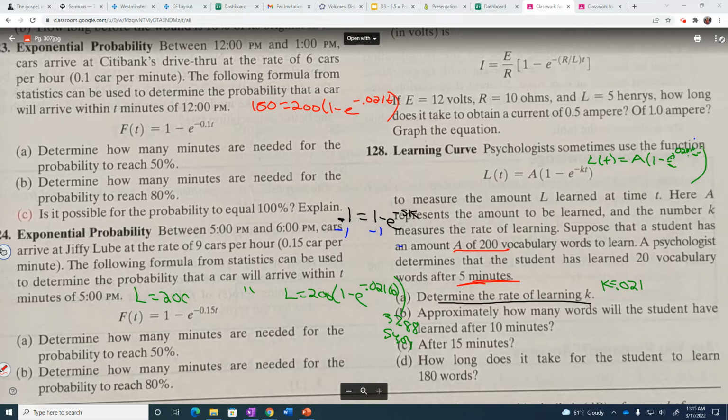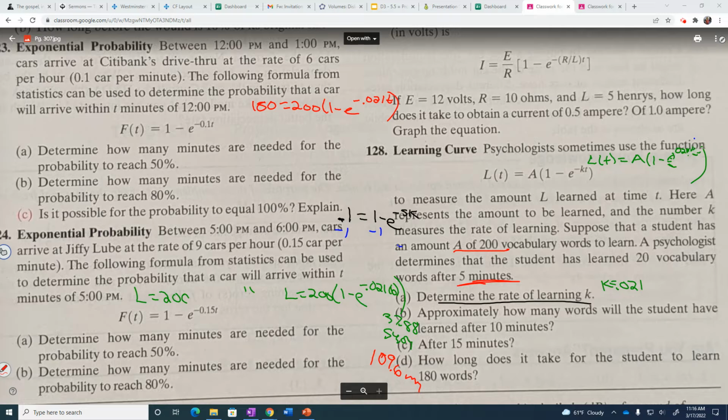We divide by negative 1. And then we natural log it. And then we divide by negative 0.021. And you should end up with 109.6. And that's minutes for that one.